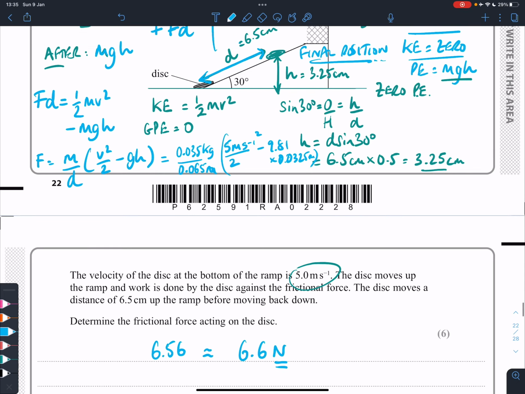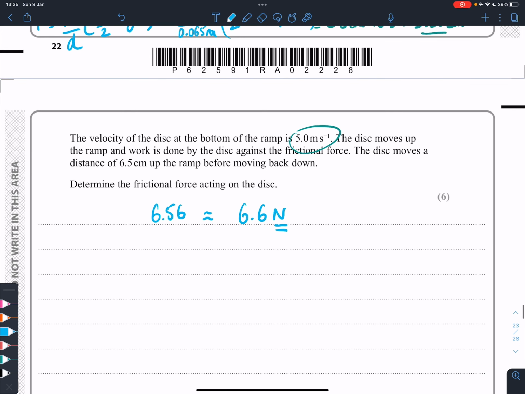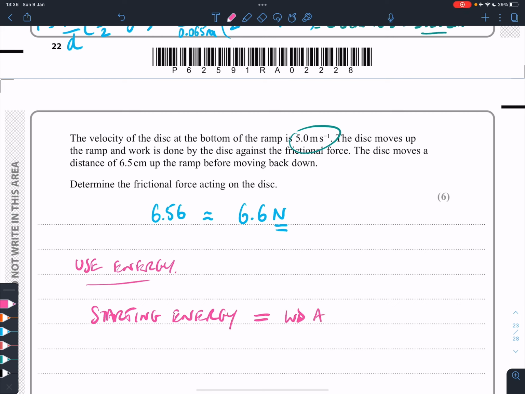Okay, and we have plenty of space down here to do it, but I always like working on the diagram so I can see what I'm doing. So in principle, how we do this, we use energy, and we say that the starting energy does two things, and it goes into work done against friction, and it also raises the thing up the slope, plus potential energy gained.